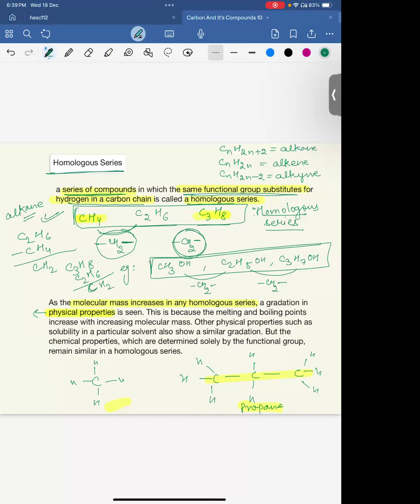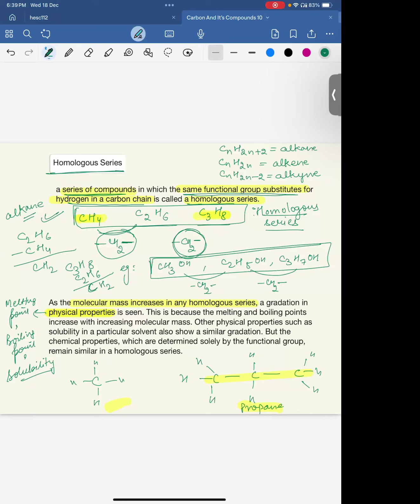For example, melting point, boiling point, or solubility. All of these will be affected when we move from one end to another in a homologous series.